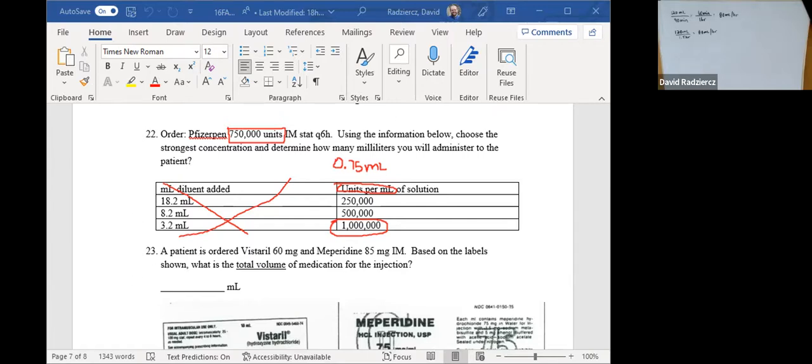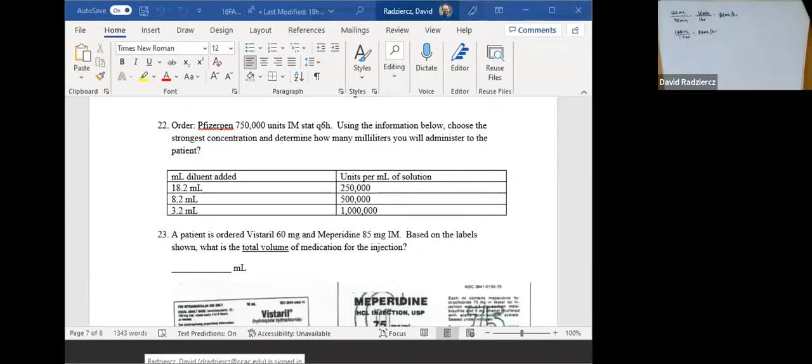I want to show you real quick something here that I showed the earlier class. I put pictures of these drug labels just so you can see what I was talking about with the medications. So I have the Pfizer pen that I'll show you.